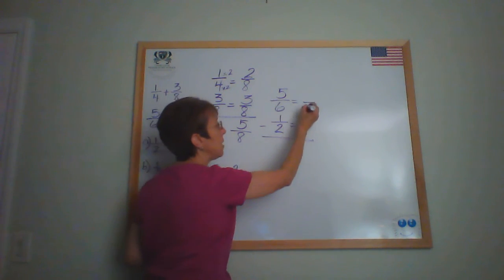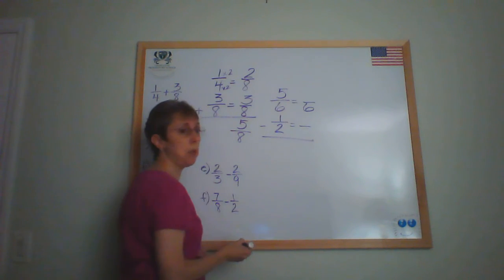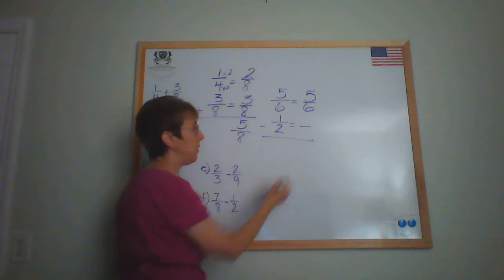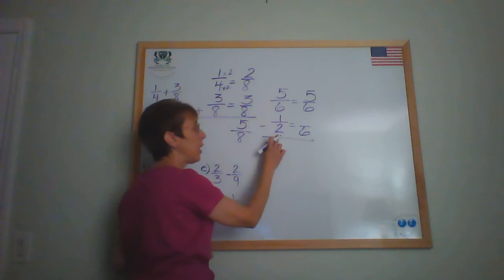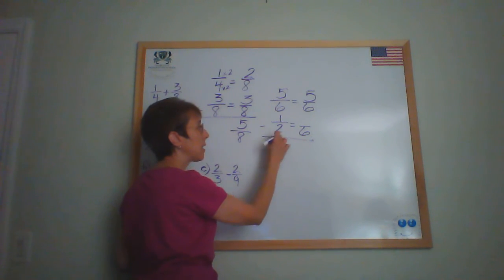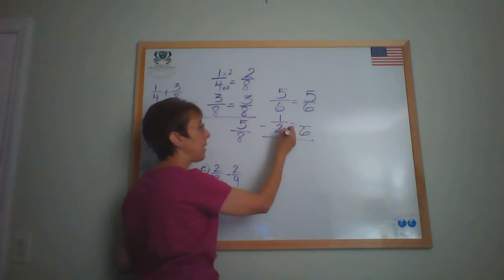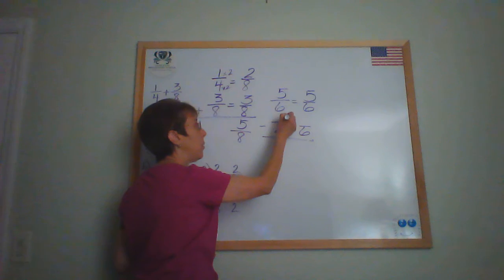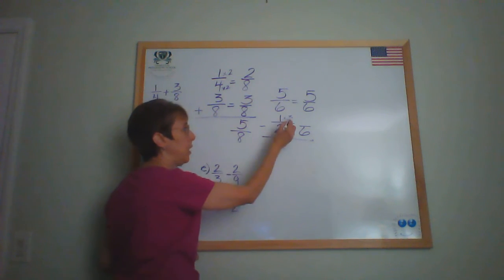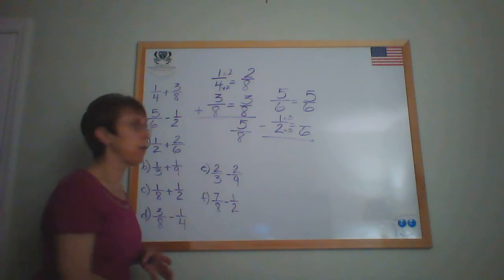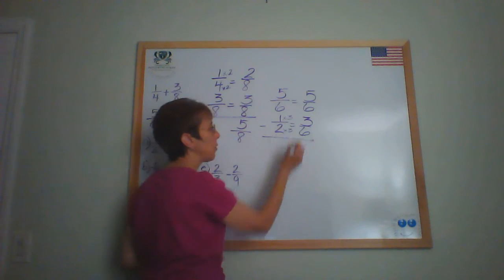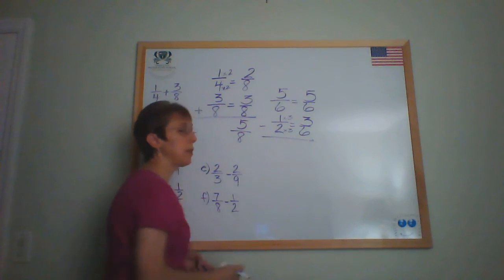So what we're going to do then is we'll keep our 6, which means 5/6 stays 5/6, and we're going to just change the half into sixths. What do you do to 2 to get to 6? You multiply by 3, and then we multiply the numerator by 3. There's your fraction named for 1, 3/3. 2 times 3 equals 6, and 1 times 3 equals 3. 1/2 is equal to 3/6.